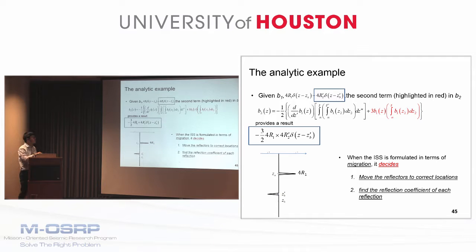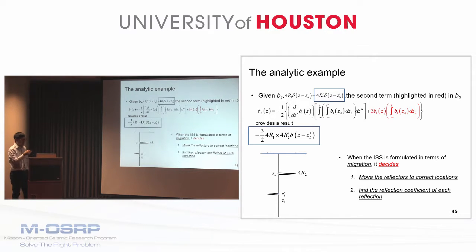Because there is no need to change the amplitude of the first image, only that of the second image, that indicates that the ISS, when formulated in terms of this migration, seeks to find the reflection coefficient of each reflection, because right now the amplitude is 4R2 prime, which is corrupted by the two transmission coefficients.